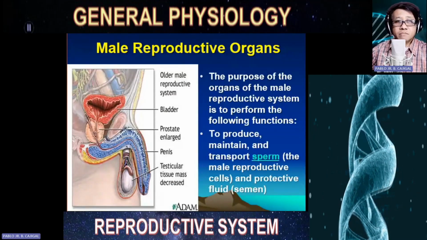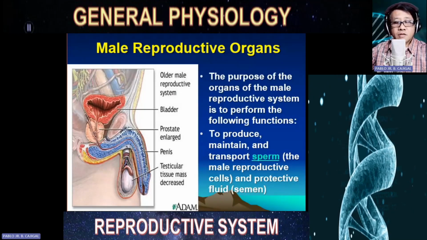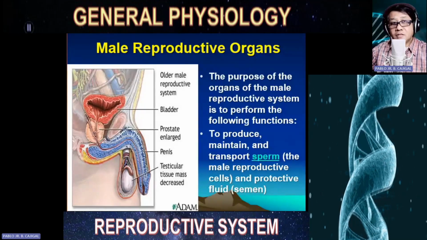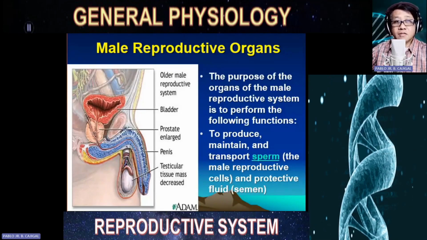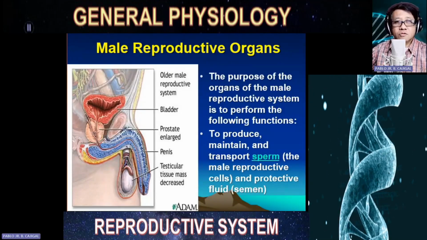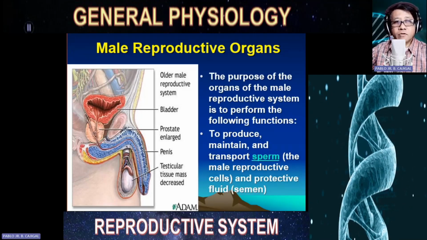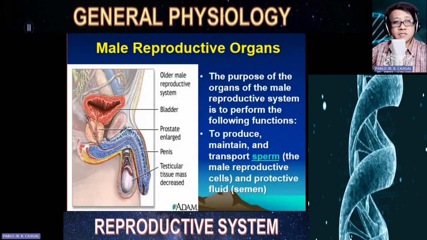Number one, to produce, maintain, and transport sperm to the female reproductive organ. So to produce and maintain the sperm until it fertilizes the egg of the female, and to transport the sperm towards the female reproductive organ. And this involves the male reproductive cells and the protective fluid, which is the semen.